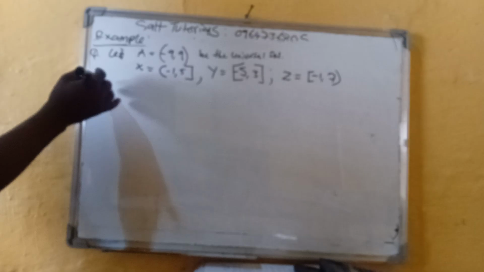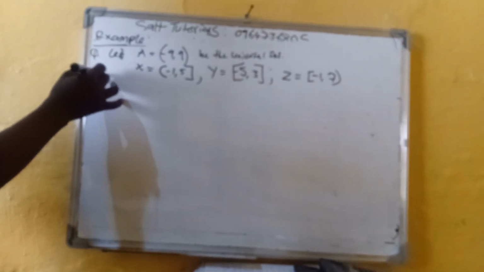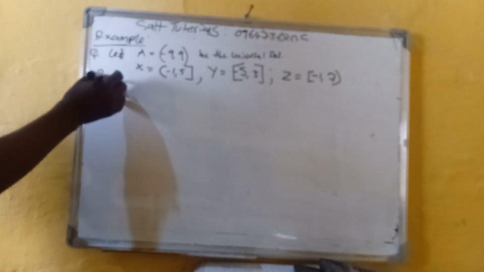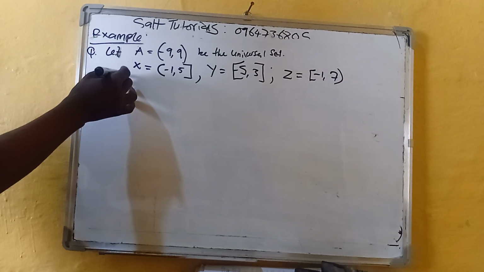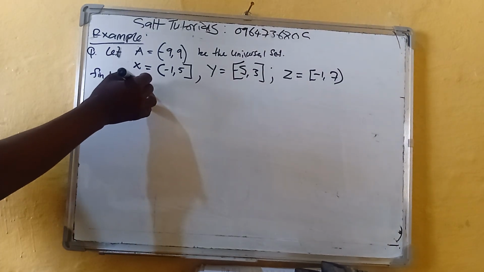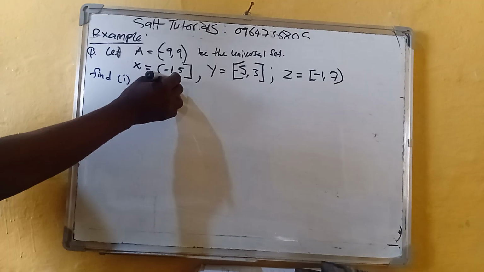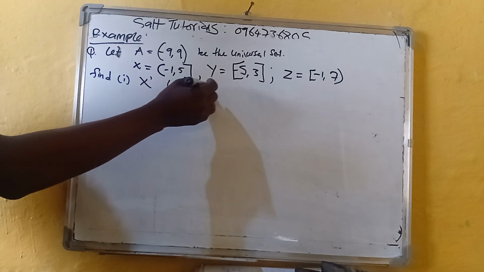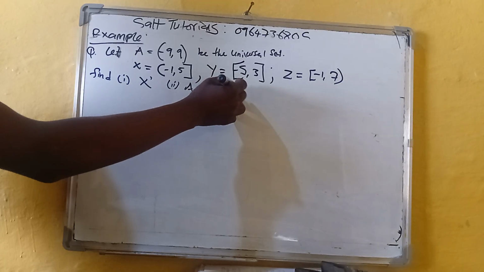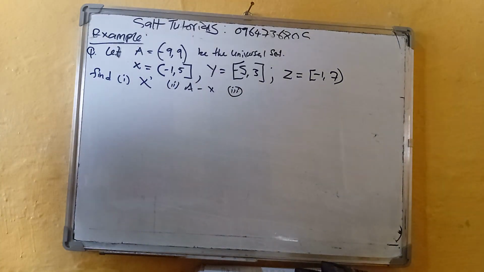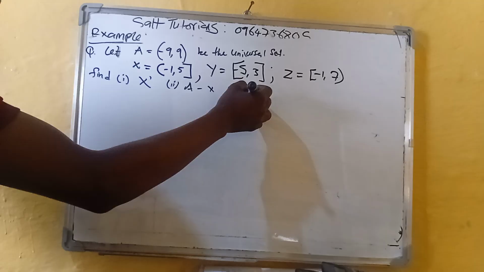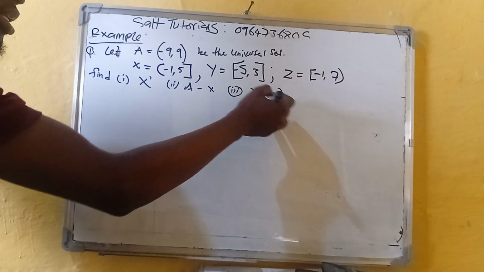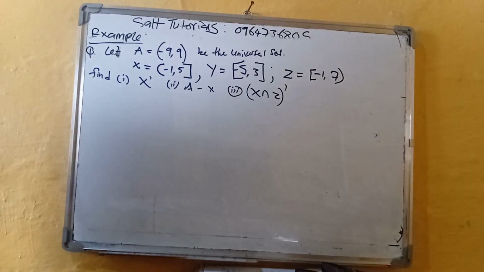So for each of the following sets, and display it on the number line, find each of the following sets. Number 1, I want us to find X complement. Number 2, I want us to find A minus X. Number 3, I want us to find X intersection Z complement.